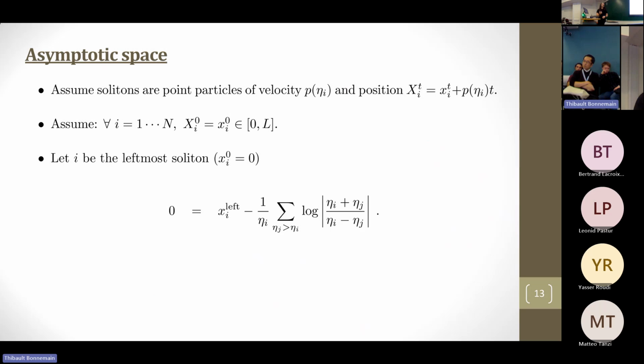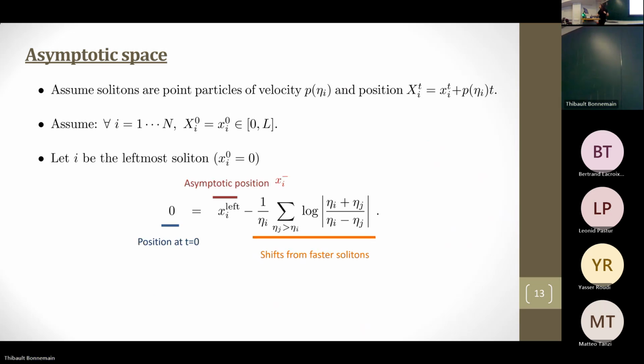So its initial position is its specific position, a parameter that I can't extract here because I assume it is the leftmost. And then modified by all those shifts it incurred from collisions with faster solitons.